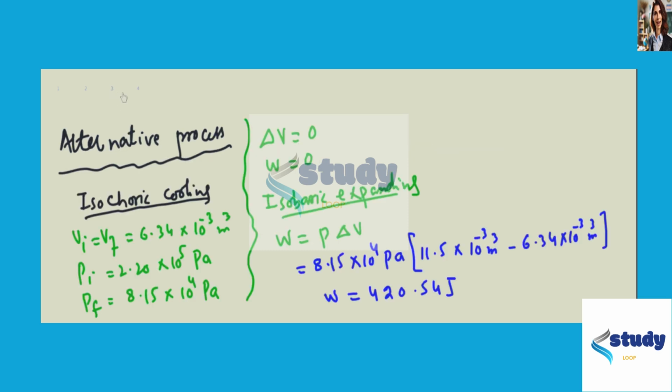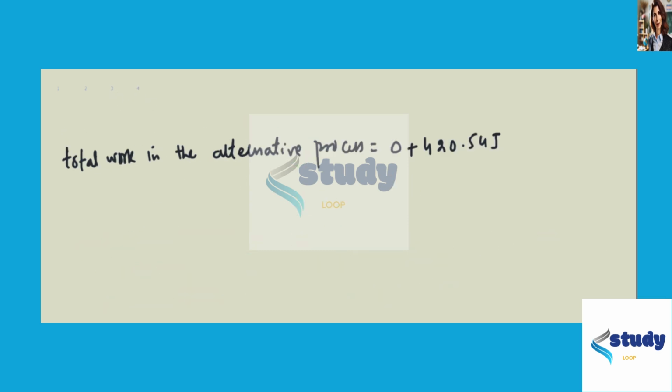Now we can calculate the total work in the alternative process. So the total work in the alternative process equal to work done in the isochoric cooling, that is 0, plus work done in the isobaric expanding, which is 420.54 joule. So this gives us total work equal to 420.54 joule.